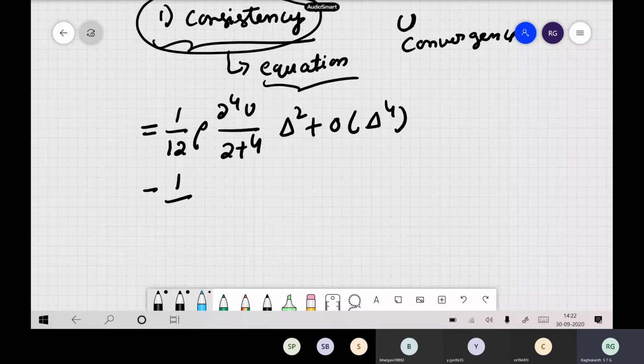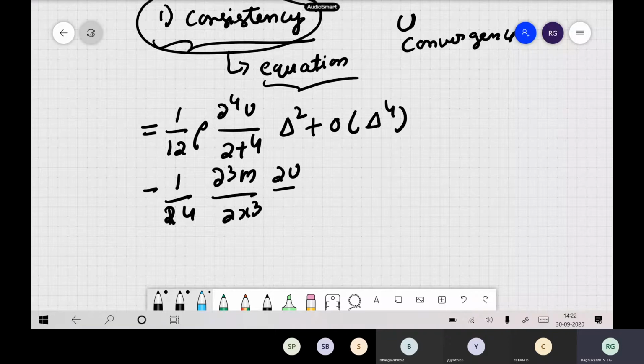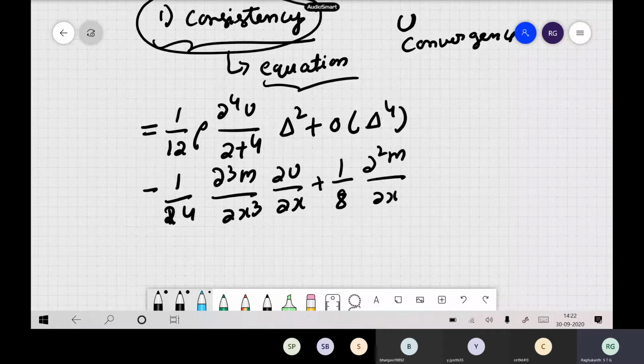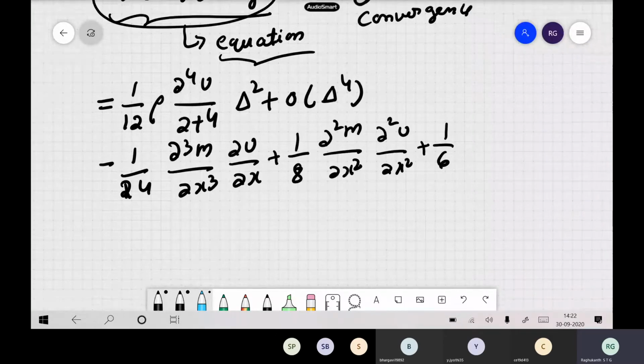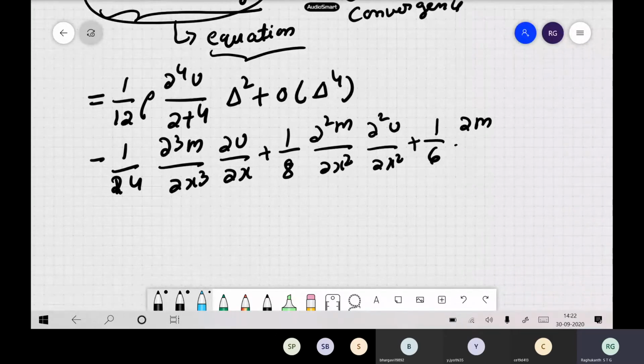Then you have a spatial term also, 1/24 ∂³m/∂x³ ∂u/∂x, plus 1/8 ∂²m/∂x² ∂²u/∂x², and you can get this from the Taylor series expansion, ∂x ∂³u/∂x³.